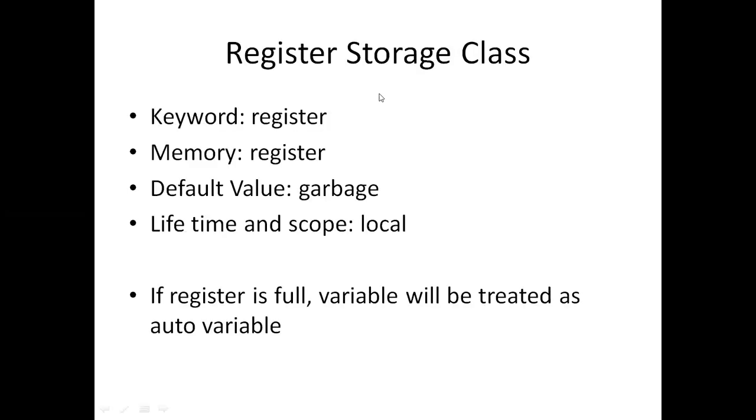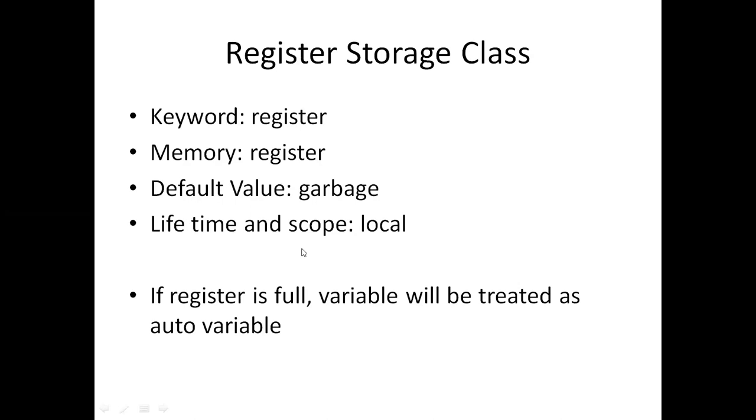Then we have the register storage class. For this we have to use the register keyword, and memory for this variable is allocated in the CPU registers. Its default value is garbage, and its lifetime and scope are local.